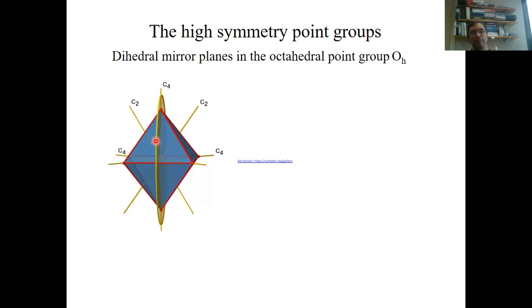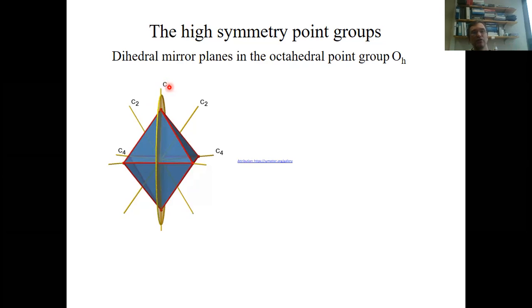These mirror planes only contain a principal axis, a C4, but they do not stand perpendicular to a principal axis.